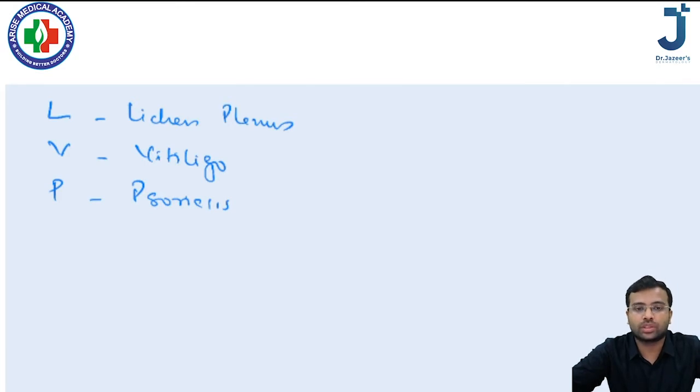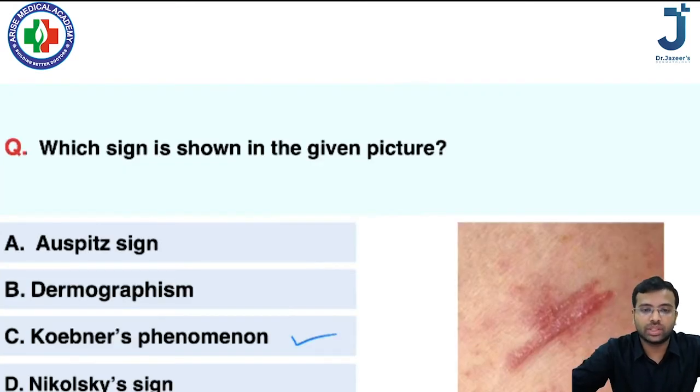Koebner's phenomenon means suppose you induce a trauma to the site and the lesions may develop at the same site. In lichen planus, vitiligo and psoriasis, if you induce trauma with scratching of the nails or through any other means, new lesions tend to develop at the same site. This is called Koebner's phenomenon.